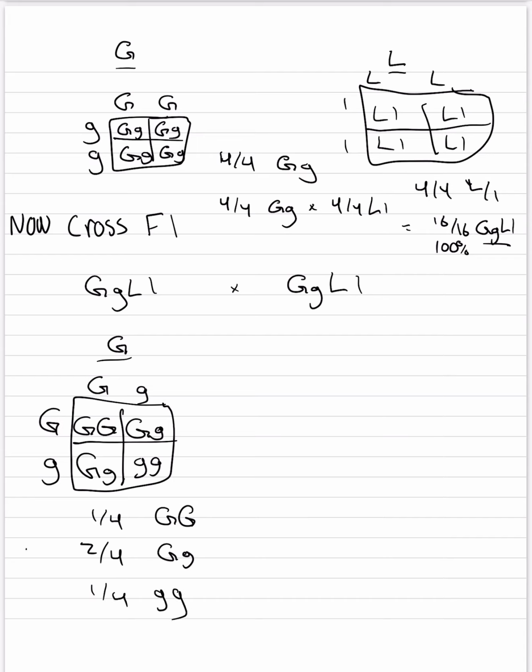It's preferred to keep this in the 2 out of 4 ratio, just because you will see why as we continue this problem.